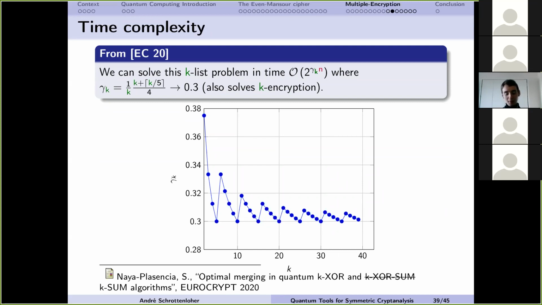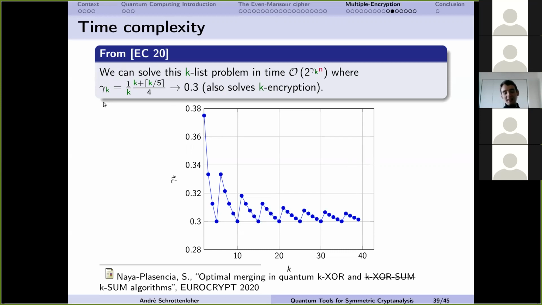And this problem becomes basically, if you're only using quantum search as a black box, a linear optimization problem with some integer variables, because ultimately we are having initial lists of size 2 to the n over k, which is why it has a time complexity that depends on this formula.